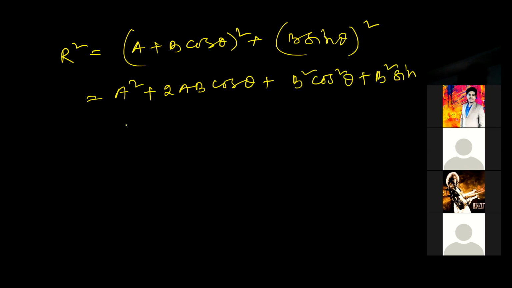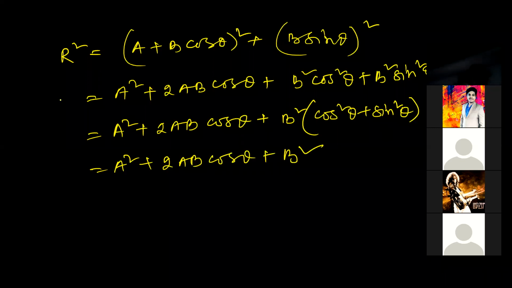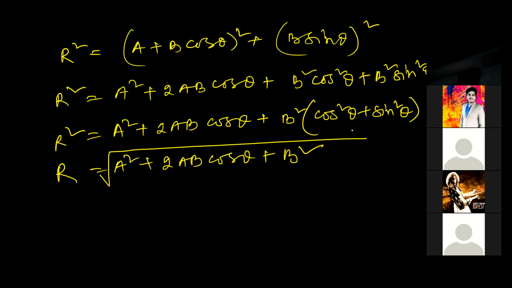So in this case, B square is taken common, so cos square theta plus sine square theta will be there, and that equals 1. So R square is A square plus 2AB cos theta plus B square. So R has the value of the square root of A square plus 2AB cos theta plus B square.